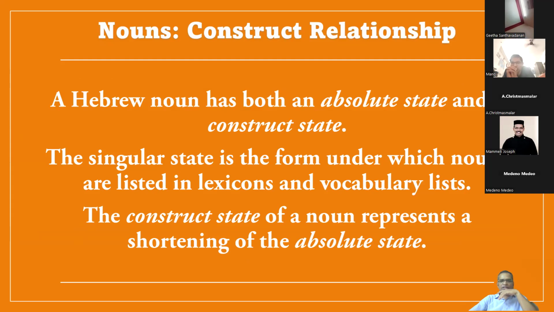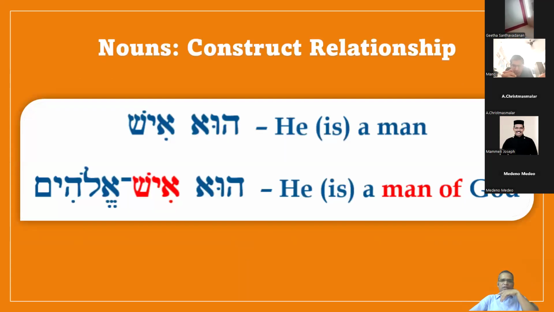What is the construct state? The construct state is the shortened form of the absolute state. Why these absolute and construct states appear, we will know bit by bit when we see the examples here. Who is he? He is a man.